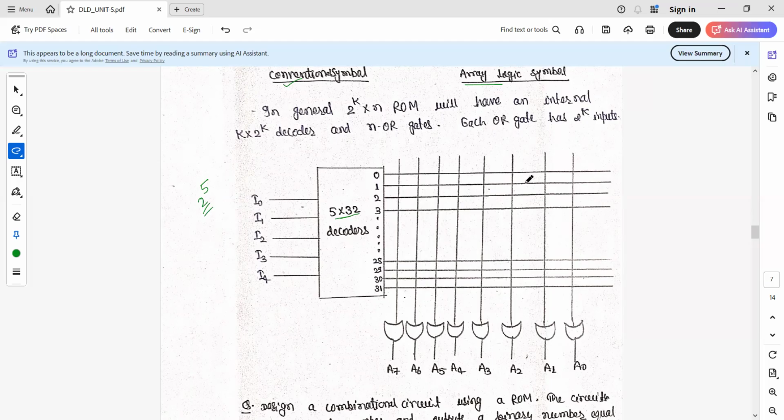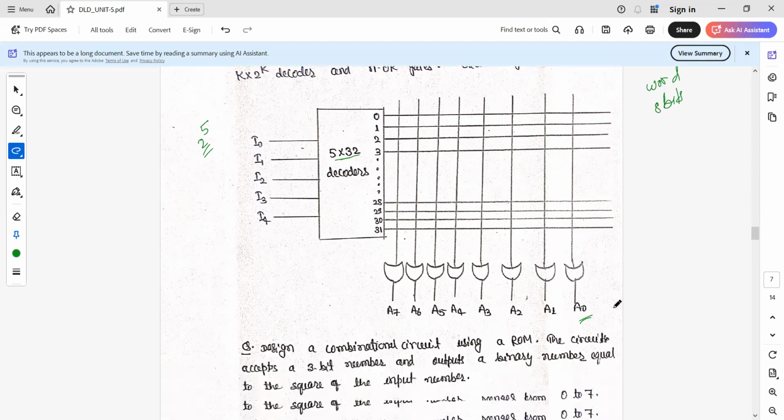Since the word size is 8 bits, we have 8 OR gates. This OR gate is connected to the output of the decoder, so we can have 8 bits over here.